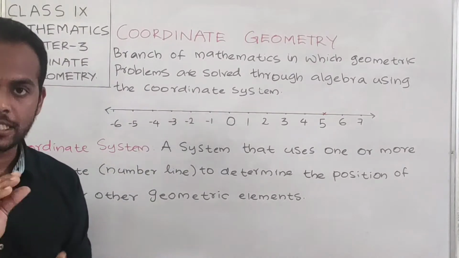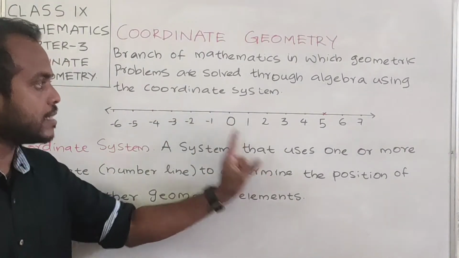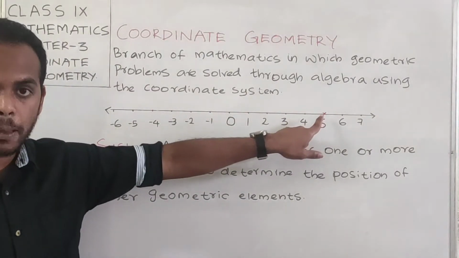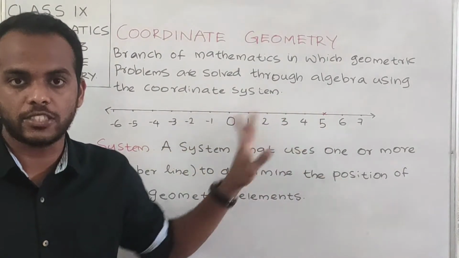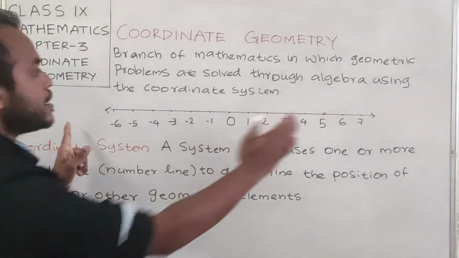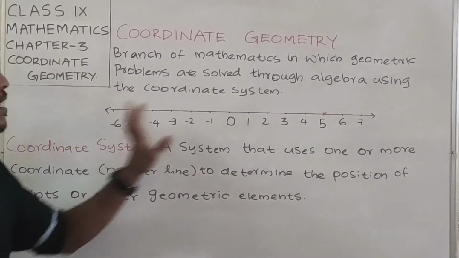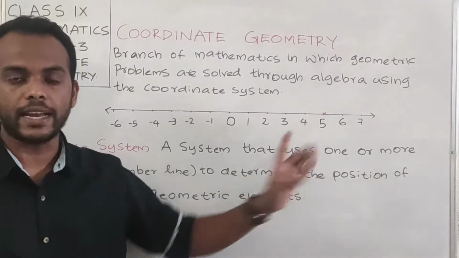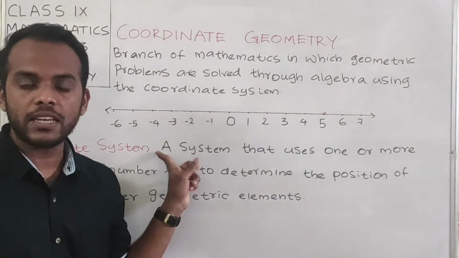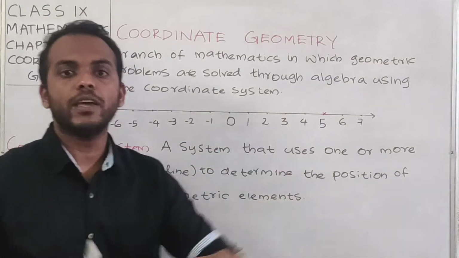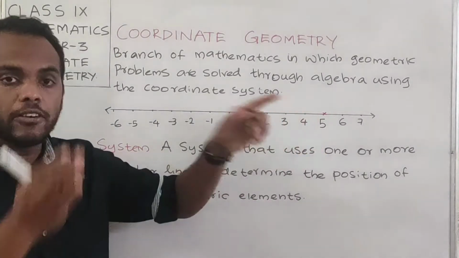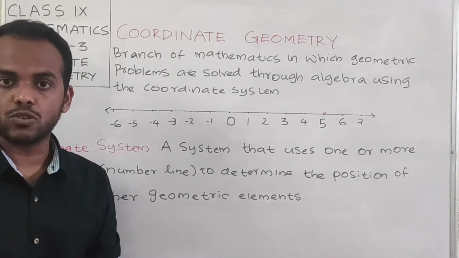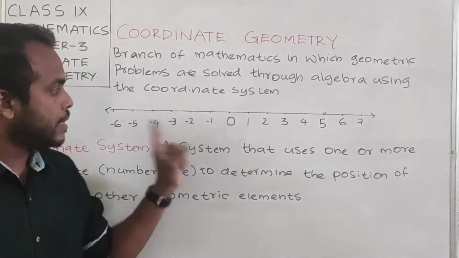I will say in simple words, in this case we have determined the point where 5 is located on the number line, right? Yes. This is an example for a coordinate. The number line is the simplest coordinate system. Now as we move further, we will be able to mark figures also, that is triangles and squares in a plane.